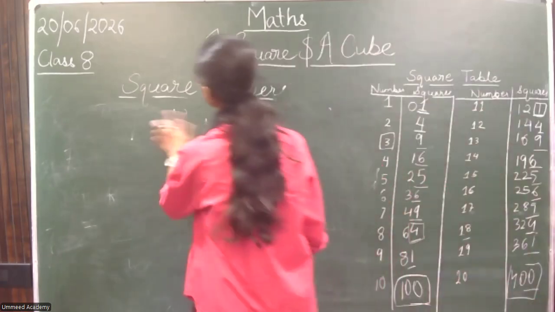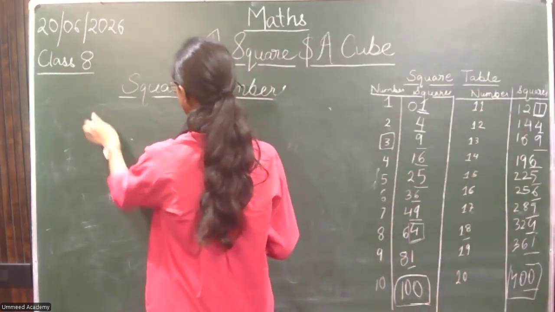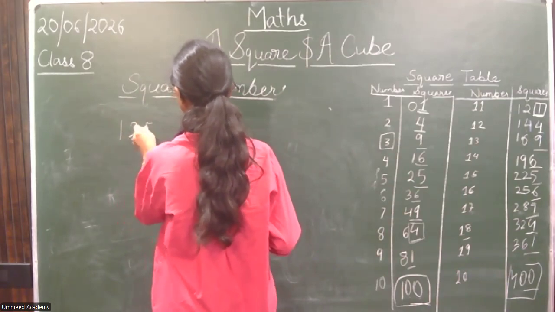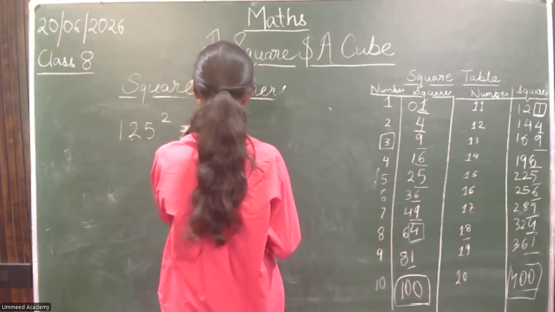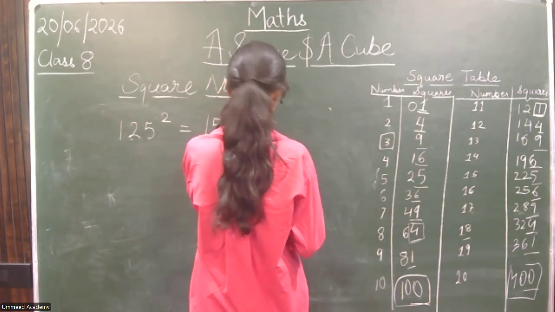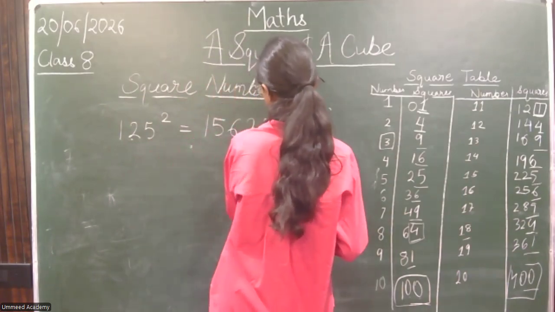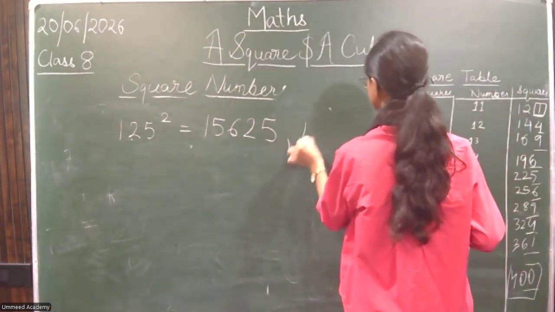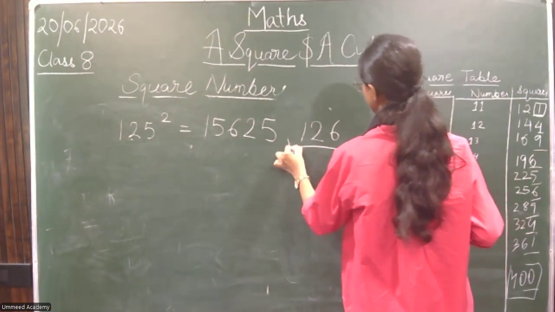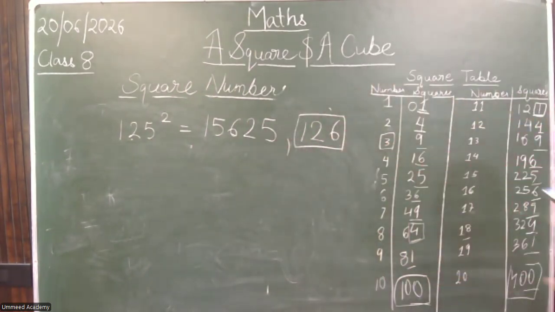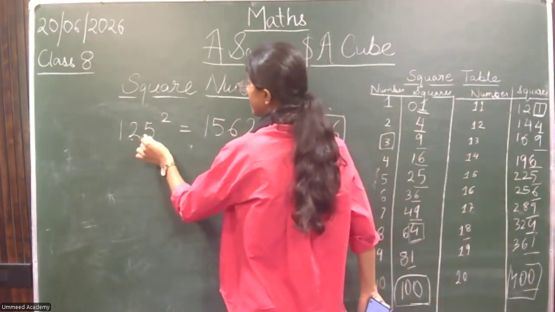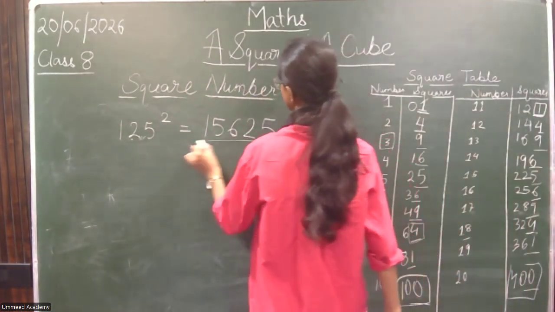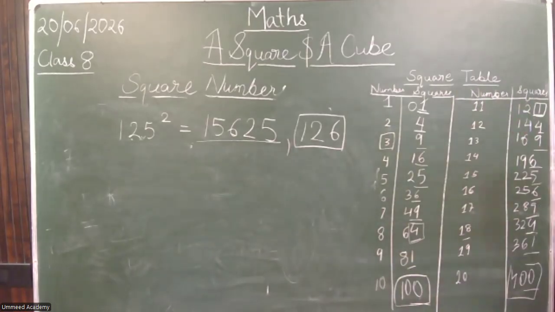See, it is given that the square of 125 is equal to 15625, and we have to find the square of 126. It is given that the square of 125 is 15625, and we have to find the square of 126.